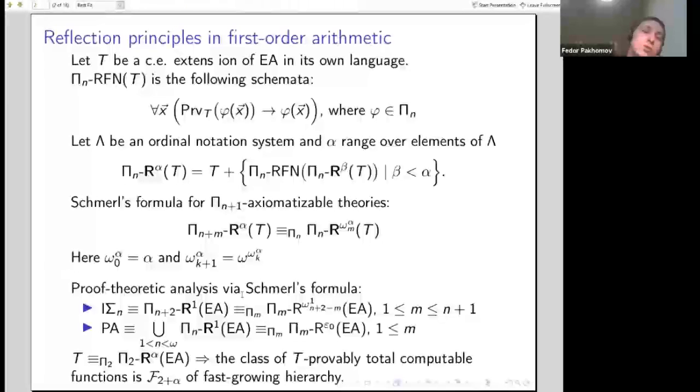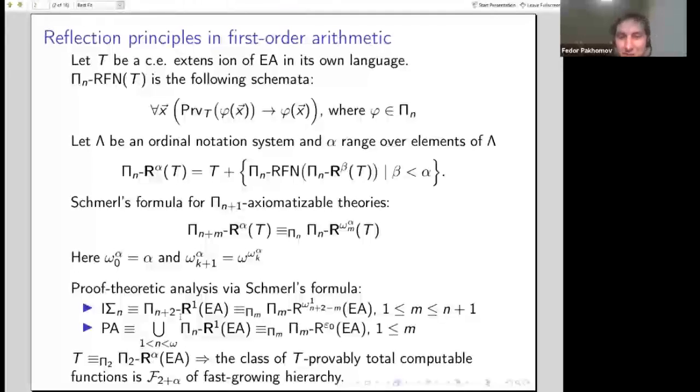Namely, say one could express the theory IΣ_n as an iteration of reflection, namely as just one time iterated Π_{n+2} reflection. So basically IΣ_n is the same as one time iterated Π_{n+2} reflection.